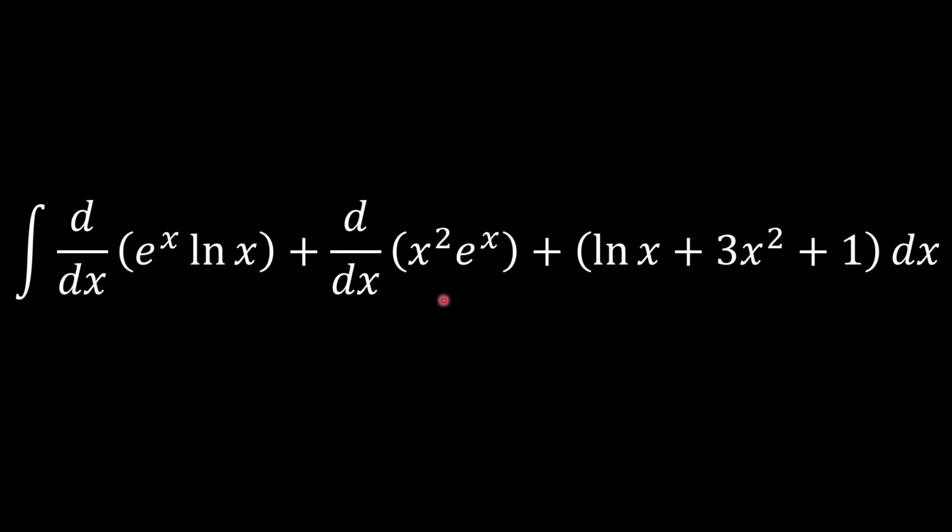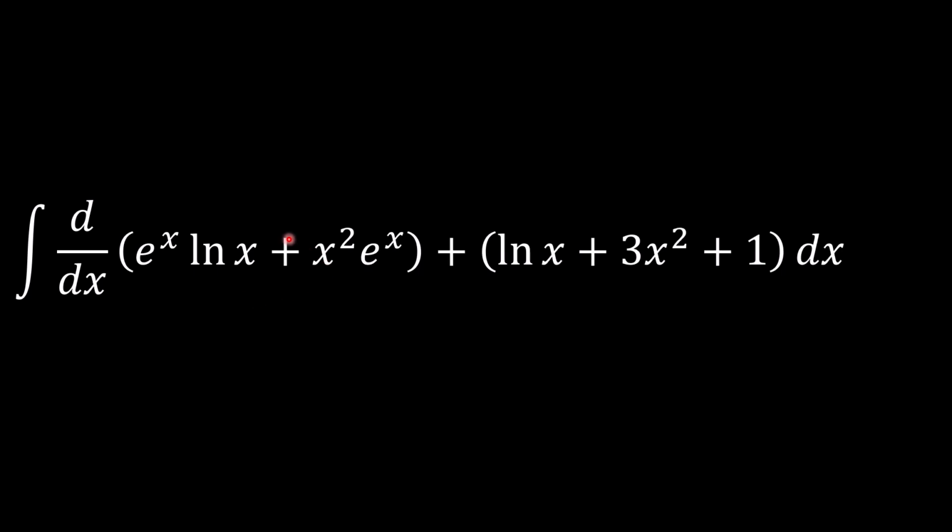And then the second part also, we bunch together because now we have the derivative with respect to x of x squared times e to the power x. And we've kept the second part as it is. Since the differentiation operation is linear, we can just bunch these things together. So we have those two functions under the derivative sign.